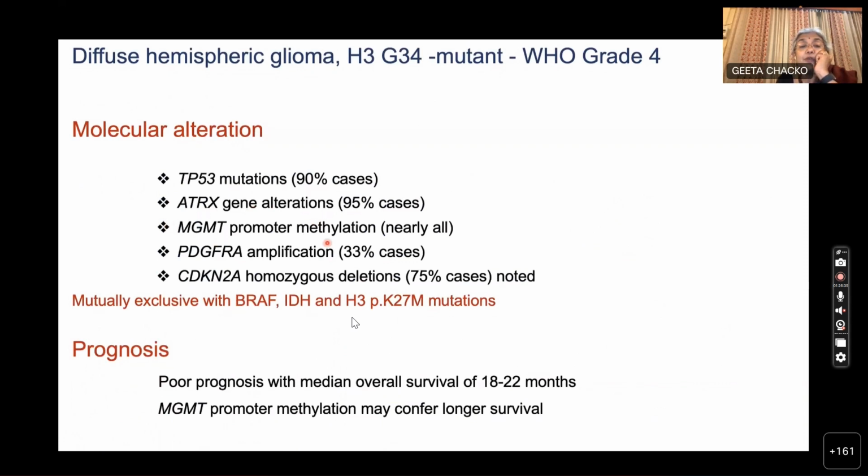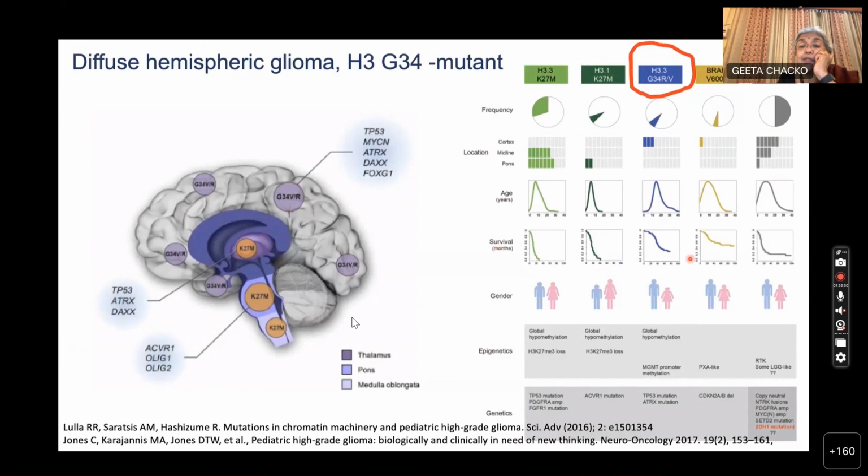In addition, often these tumors have MGMT promoter methylation, and that is why they may have a better prognosis even though they are grade 4 tumors. Quite a few of them show CDKN2A homozygous deletions.